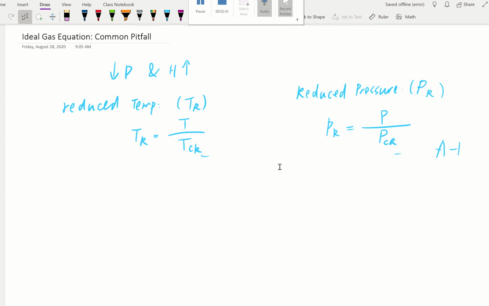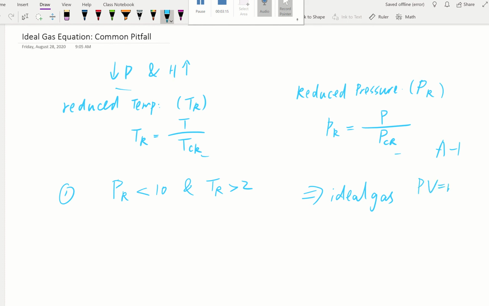So here's the criteria. If the reduced pressure P_R is less than 10, because we want the pressure to be low, and at the same time, as a concurrent criterion, T_R is greater than 2, then the gas is considered an ideal gas, and we can use the equation PV equal to mRT.